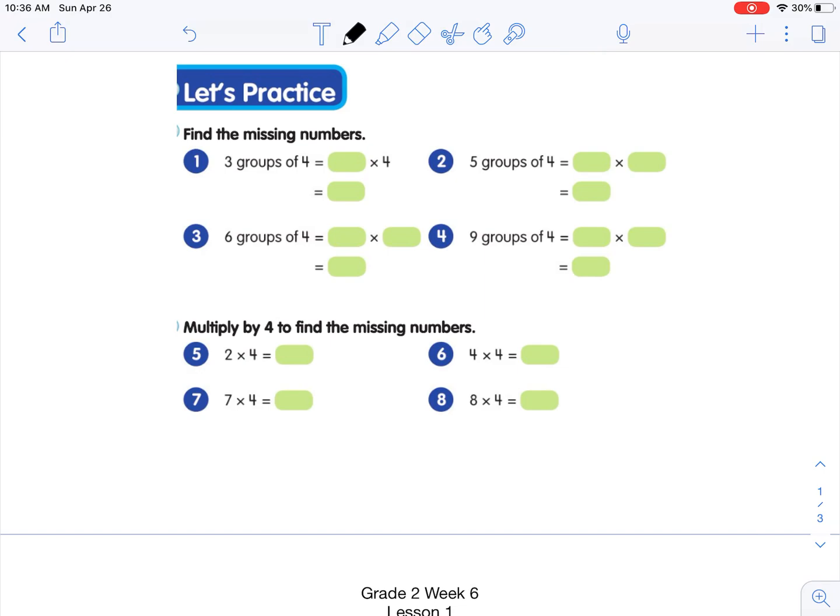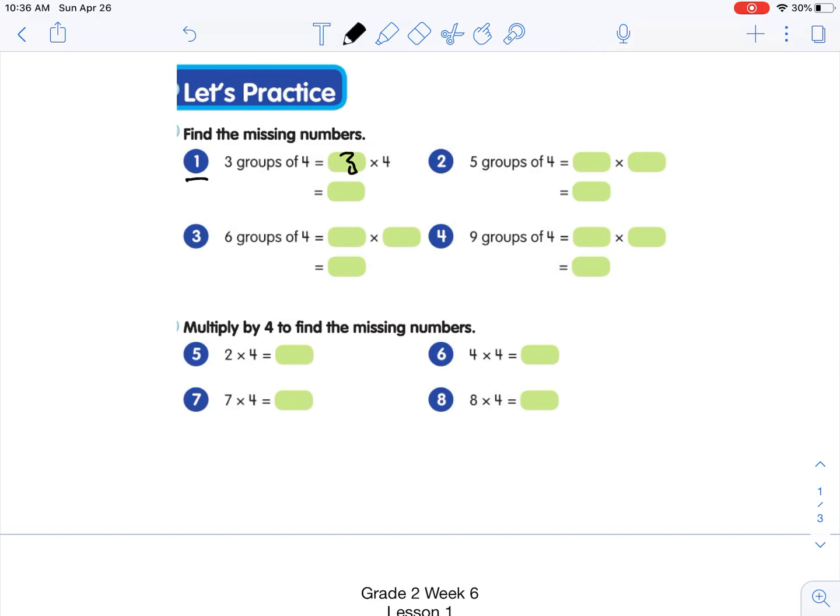Here we are at the let's practice. Let's take a look at number 1. It says 3 groups of 4 equals blank times 4. Well, I know if I have 3 groups and 4 in each group, my multiplication is going to be 3 times 4.